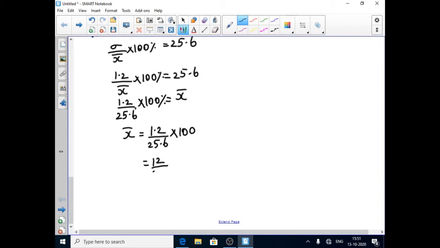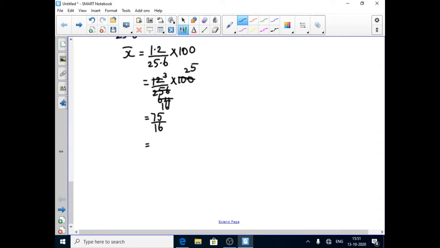Both in the numerator and the denominator you have only one decimal place, leave that point. So 12 by 256 into 100. You can cancel in the fourth table: 4 times 3 is 12, 4 times 64 is 256. Again cancel in the fourth table, this will become 25 times, and this is 16. So totally you are getting 3 into 25, that is 75 by 16... while dividing you get the answer as 4.687.